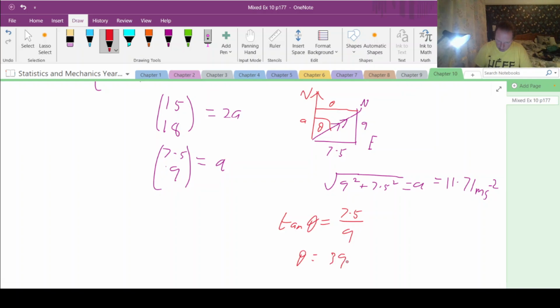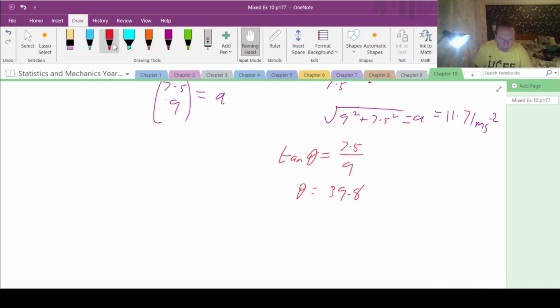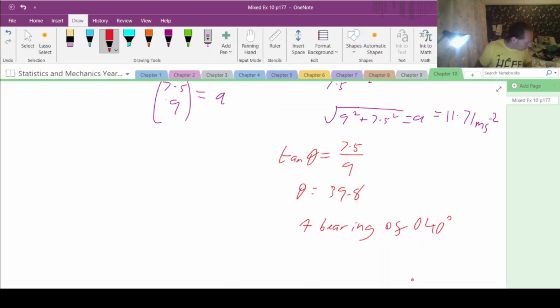So I would give the direction as a bearing, which means it's measured from north already, a bearing of, let's just call it, 40 degrees.